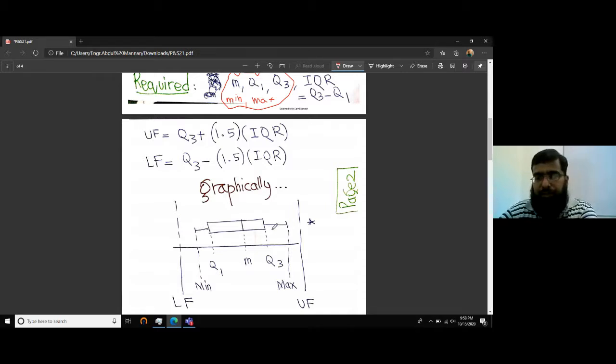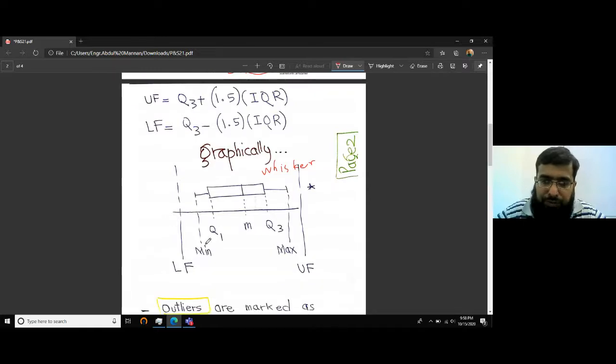The length of the left whisker is proportional to the distance between the minimum number in the data and the first quartile, and the length of the right whisker is equal to the difference between Q3 and the max number.